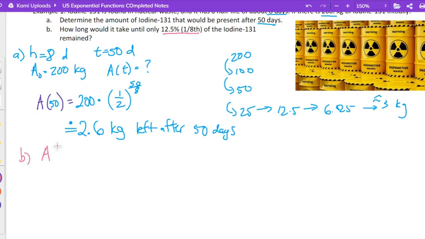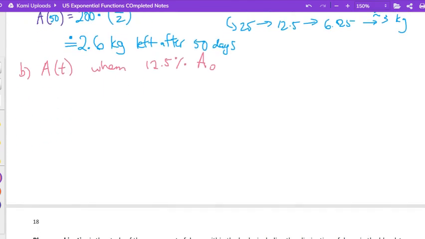So I want to know, what is A of T when we have 12.5% of A naught? Now watch this. This is really important. I am not going to input 200 kilograms. I'm going to keep A naught as a variable. And I want you to do that because this will help with other questions.